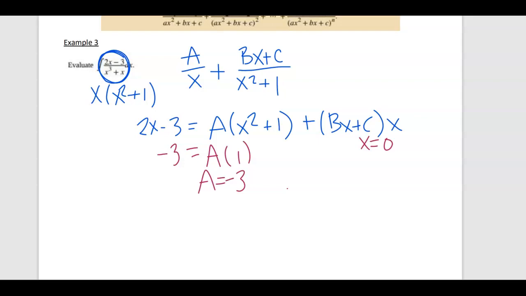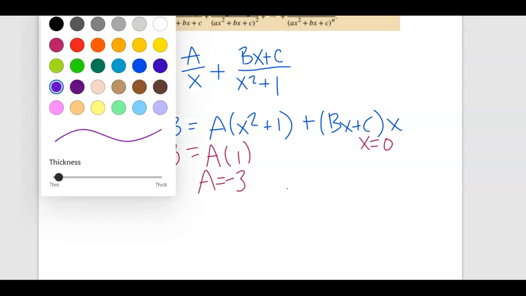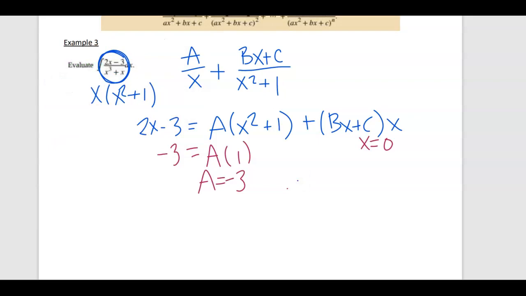Now that I have A is negative 3, I probably need to do the undetermined coefficients method for the other two, because I'm not seeing any other zeros here.